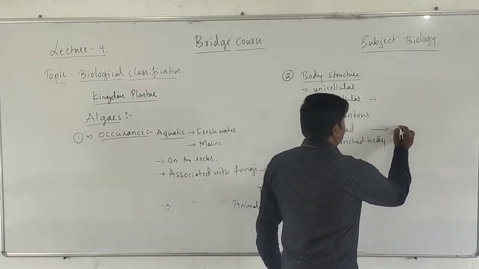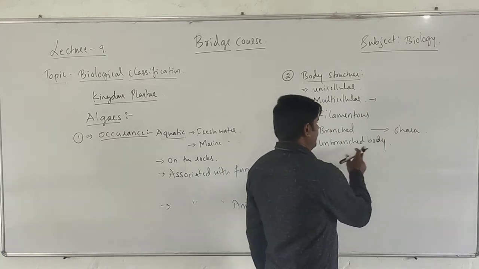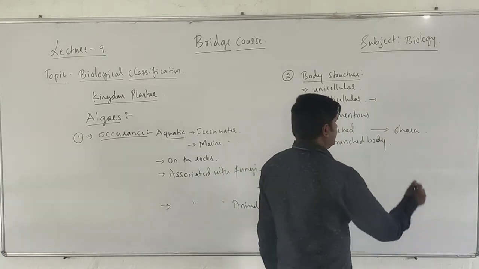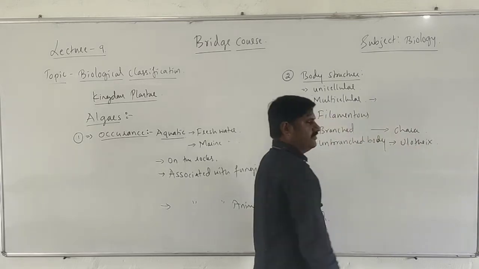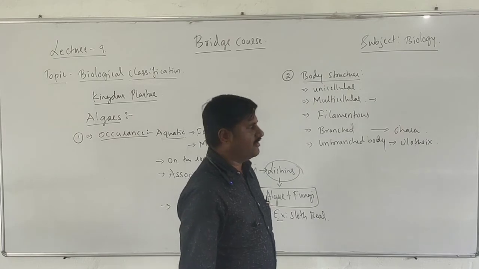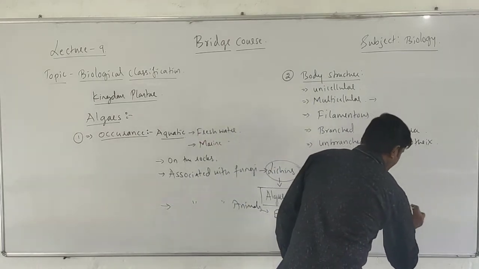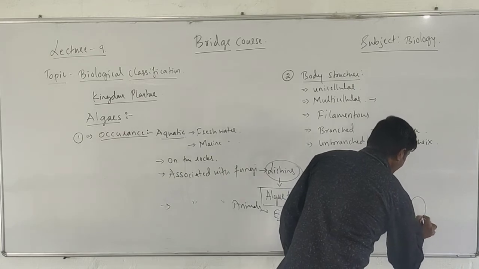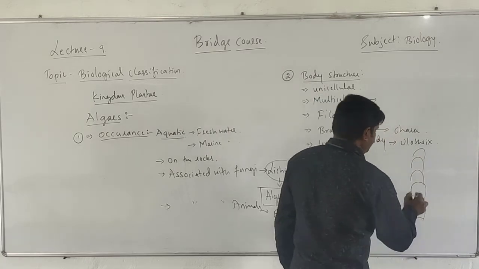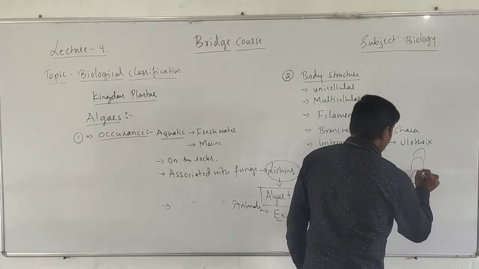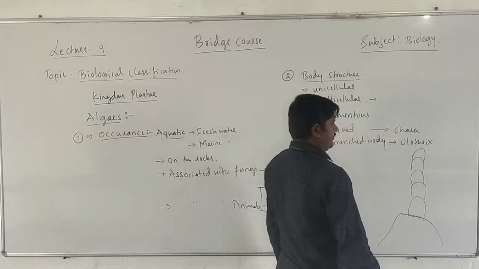Branched body example, Chara is the best example for this one. Unbranched body, right? So Ulothrix. You must have heard the names: Spirogyra, Ulothrix, green algae. If we look at the example, like this we come across a filamentous unbranched plant body over here.